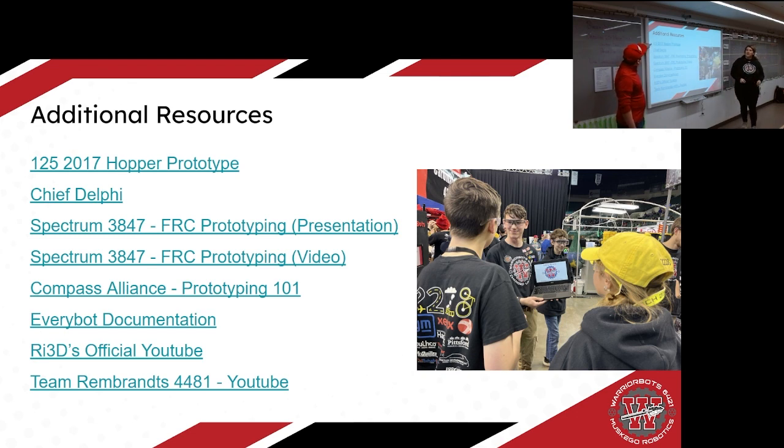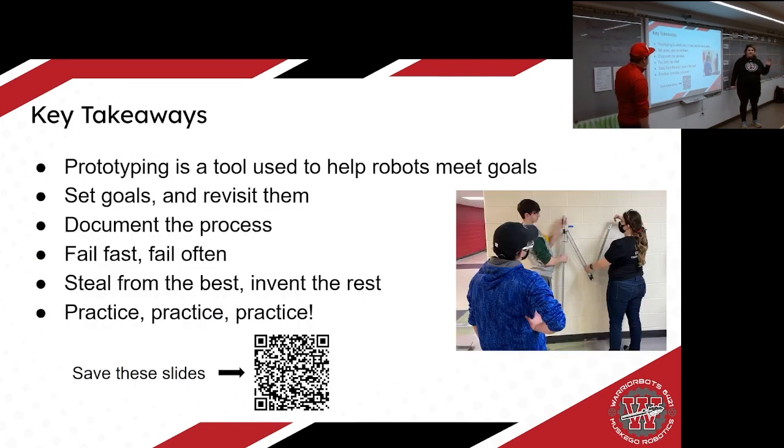One that I will point out, the 125 Nutrons, their 2017 Hopper prototype. This is almost like a case study. It's a huge blog post on all the steps that they went through to prototype and make their final Hopper design, and it is incredibly informative. It's a good read if you're interested. Can you go back a slide then? Yes.